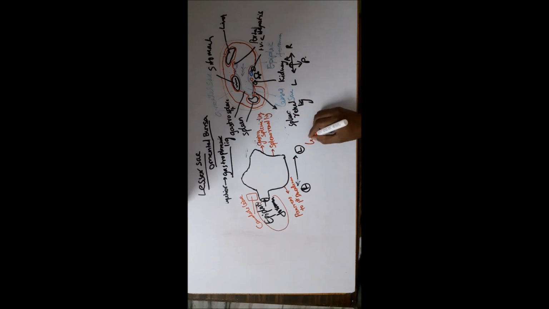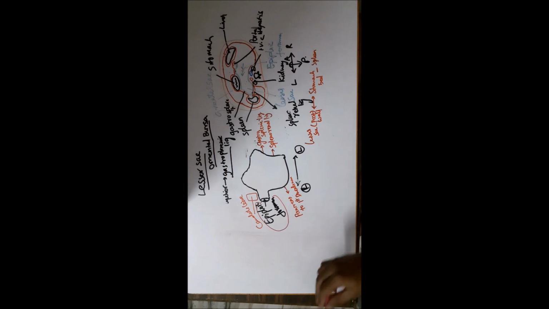So what is the lesser sac? The lesser sac posterior wall is nothing but the stomach bed structures minus your spleen. So except the spleen, other structures which are forming the stomach bed are forming the posterior wall of the lesser sac.